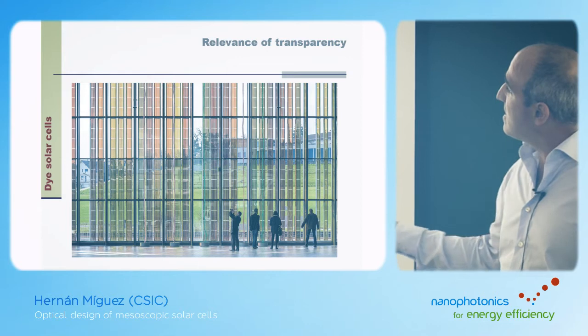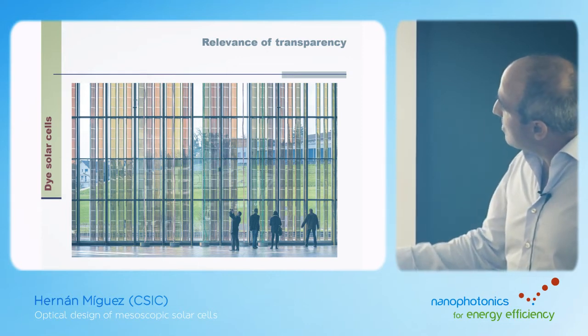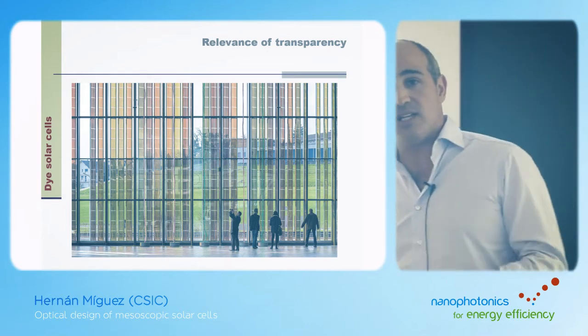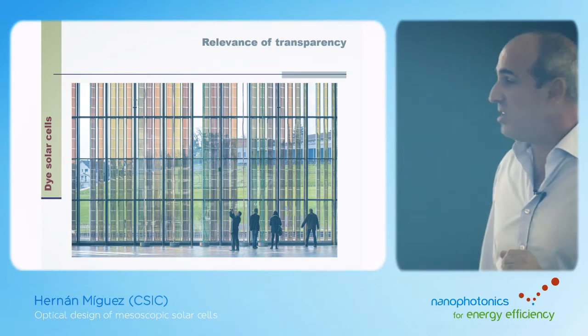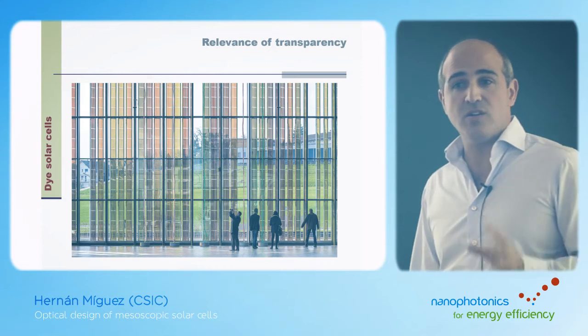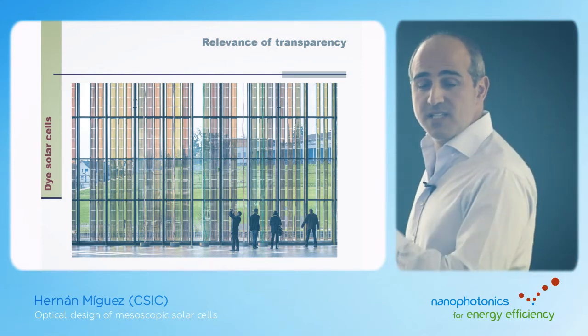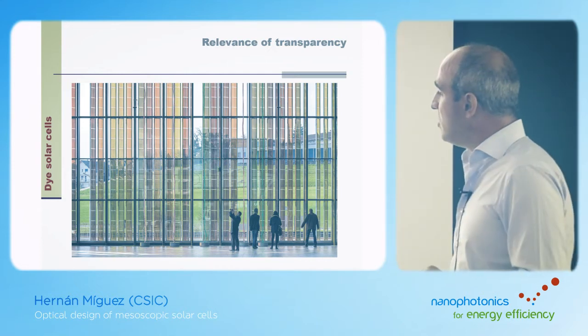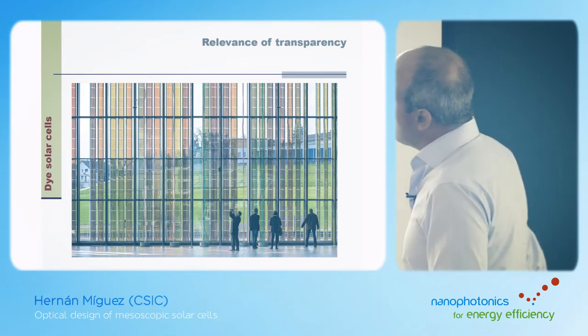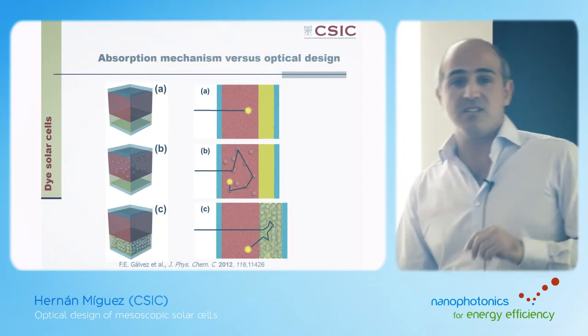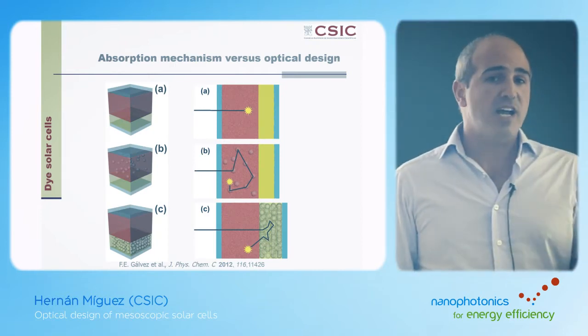This is the conference center of Lausanne. And all these things you see here with different colors are dye-sensitized solar cells, each one sensitized with a different dye, right? So this is one of the first examples of installation of a photovoltaic window based on this dye-sensitized technology. Well, this is obviously one of the advantages of dye-sensitized, or one of the added values.